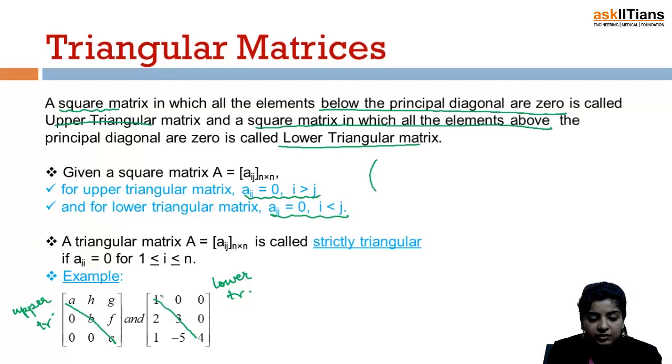So in this case, if I have the diagonal entries as zeros instead of 1, 3 and minus 4, then this would become strictly lower triangular, right? So just remember for upper triangular and lower triangular, because it's a bit confusing concept. In case of upper triangular, the elements below the principal diagonal are zeros, and vice versa in case of lower triangular.